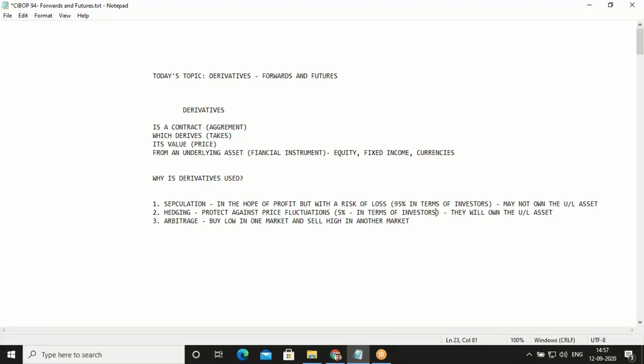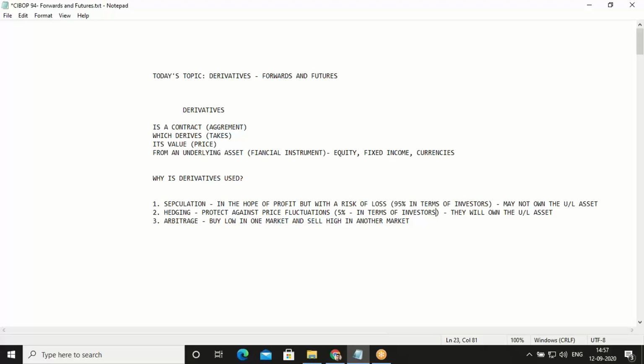So that is the idea of hedging: if you have a head, you want to protect your head. Now, how are you going to protect your head? Use a helmet. Now, let's translate that into the financial markets. If you're an investor, and Preeti, imagine you have invested, let's say, 10 lakh rupees in Infosys shares. Now, what are you worried about?